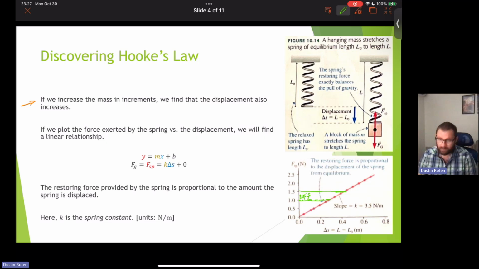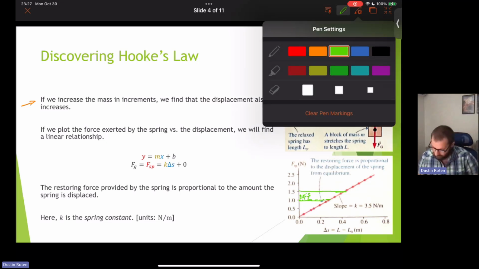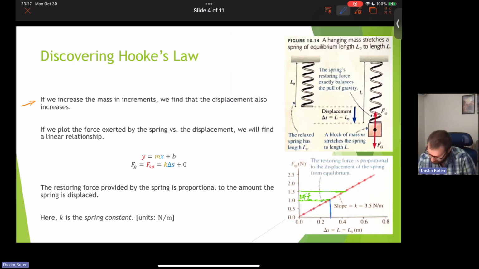That change in force, since we're increasing it, is going to correspond to a change in our position, the stretchiness of the spring.